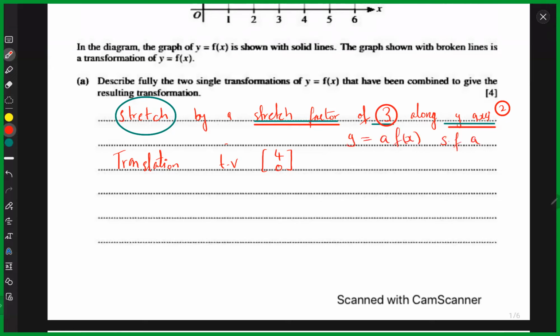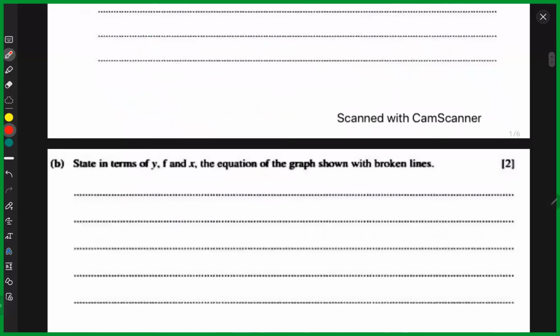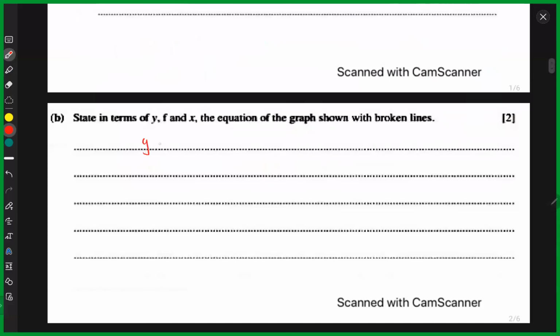Since my stretch factor is 3, I need to multiply this 3 with the function. So for now, I know it would be y equals 3 f of x. Here I have just incorporated the stretch along y.